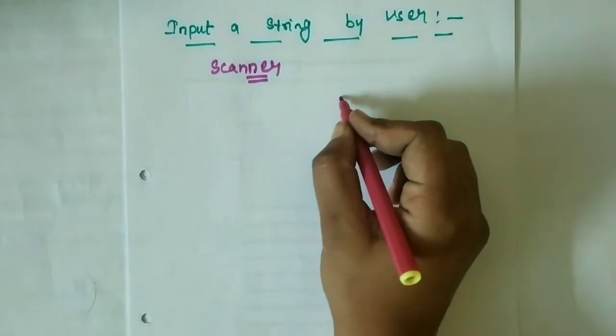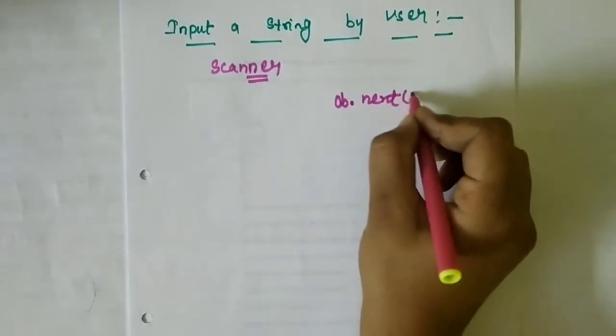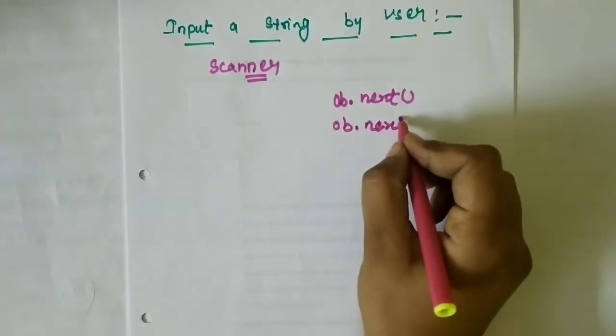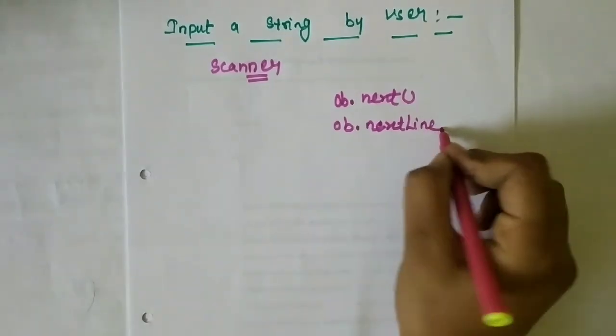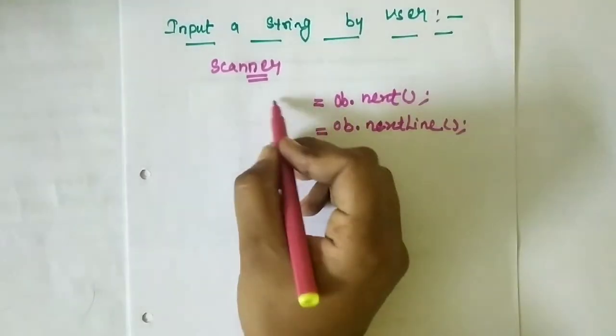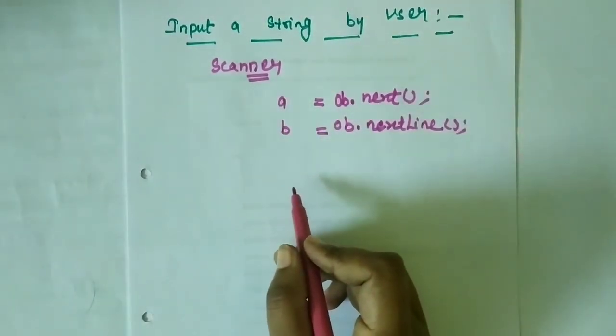The functions are object dot next and object dot nextLine. These two functions are used to accept a string value from the user.